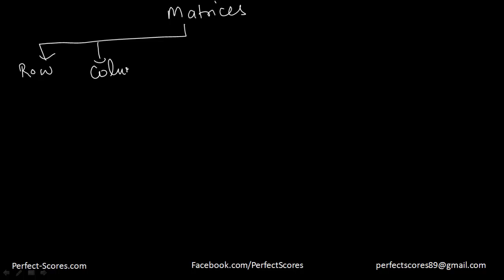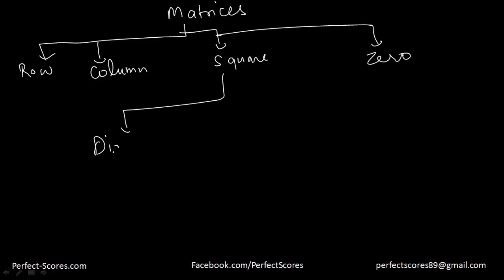So if I were to talk about the classification of these matrices, you're going to have your row matrix, your column matrix, your square matrix, and your zero matrix. In square matrix, you have many different types of matrices. You have your diagonal matrix, wherein all the non-diagonal elements are 0.